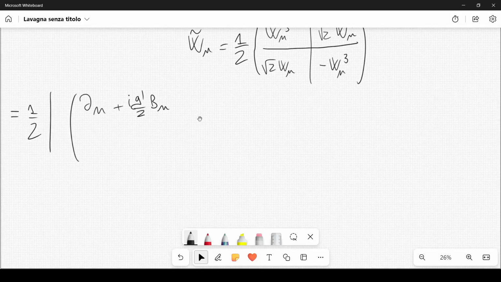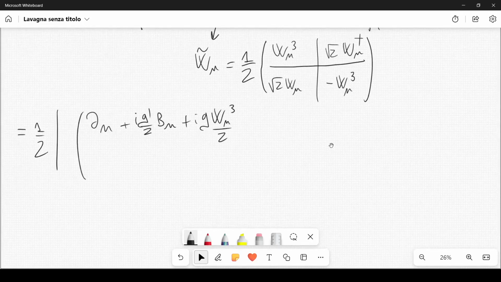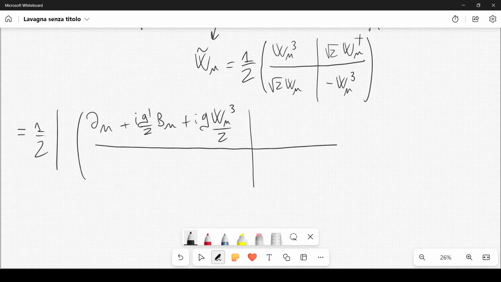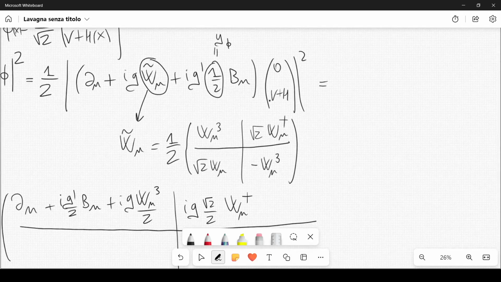And then we have plus i g W mu 3 over 2, right? And then we have i g square root of 2 over 2 W mu dagger. So in this case, we don't have anything else for these entries here, because we have this from this matrix.